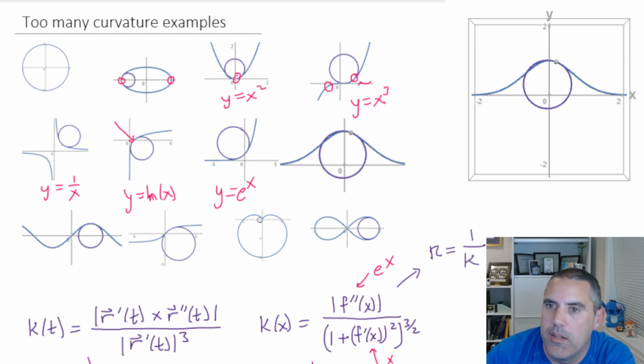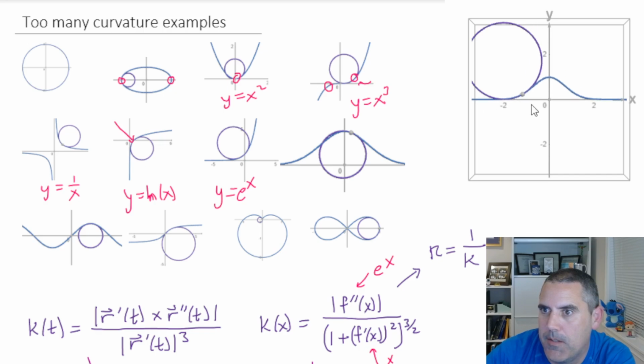What about this one? This is like the bell curve, so I basically took a bell curve. The radius of curvature is biggest at 0, but interesting, there's 2 other spots where the curvature is pretty big. In fact, here's what the curvature function looks like if you lay it on top. So curvature is big at 0, and it's also big at these couple other spots there and there.